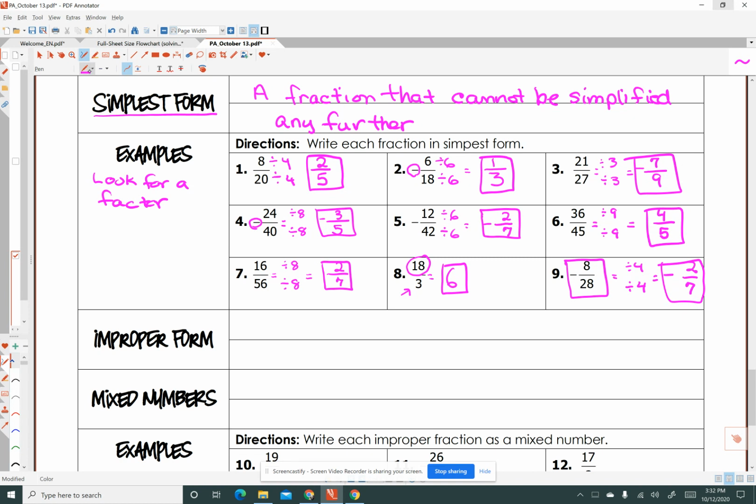So let's change our color and let's look at what an improper form of a fraction is. An improper form is a fraction in which the numerator is larger or greater than the denominator.